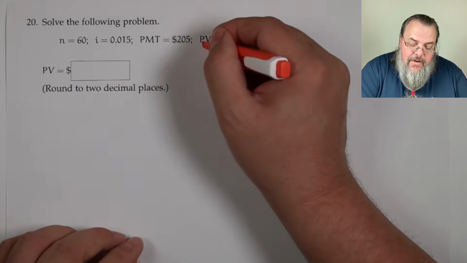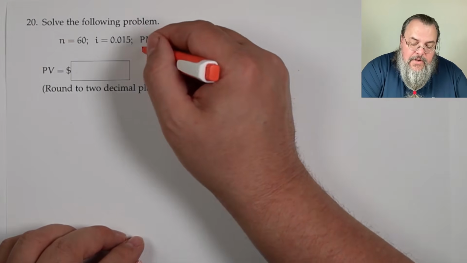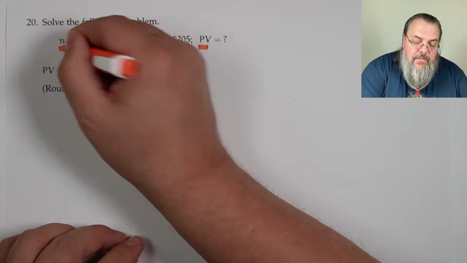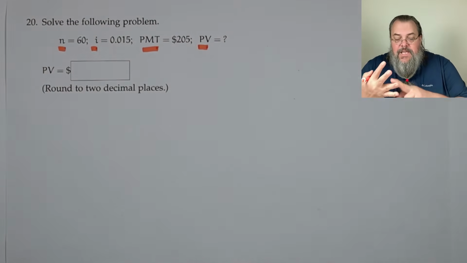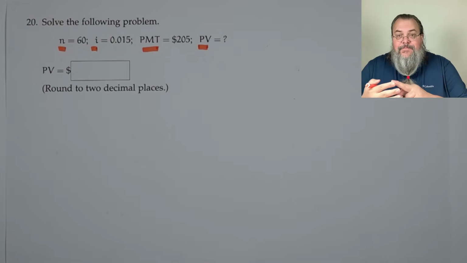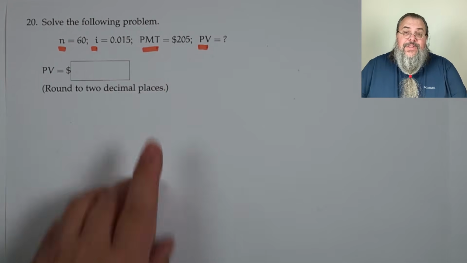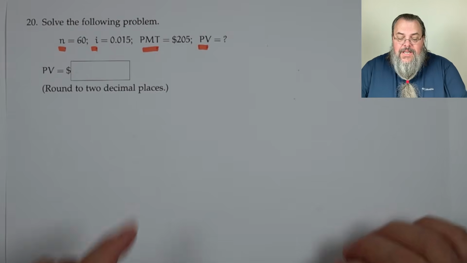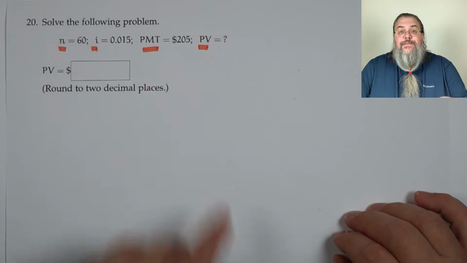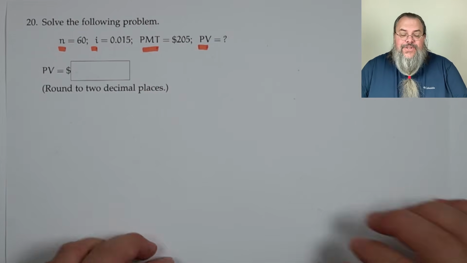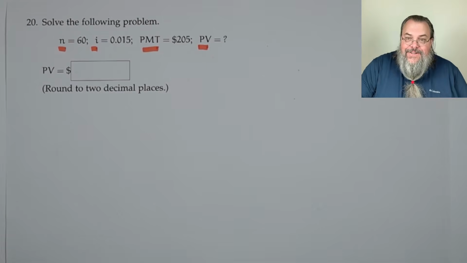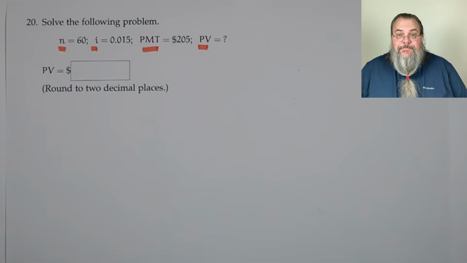So you start thinking about, hey, is there a formula that we know that uses these symbols? PV, PMT, I, and N. That PMT shows up in annuities. So this is an annuity question. PV is the present value. So this is the present value of an annuity.